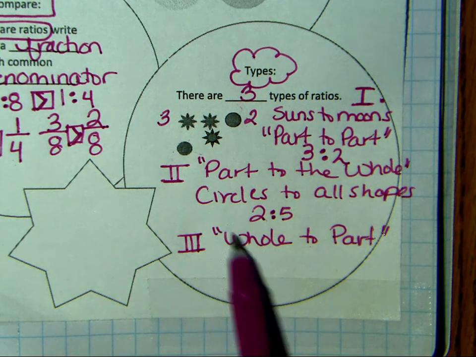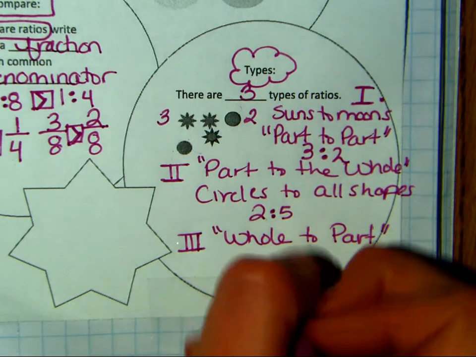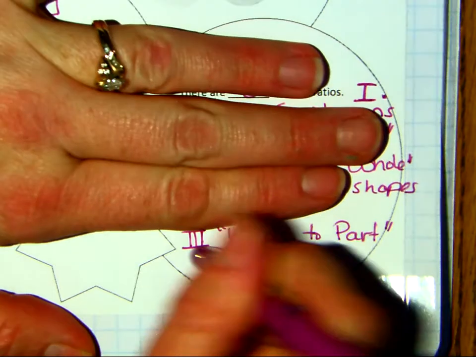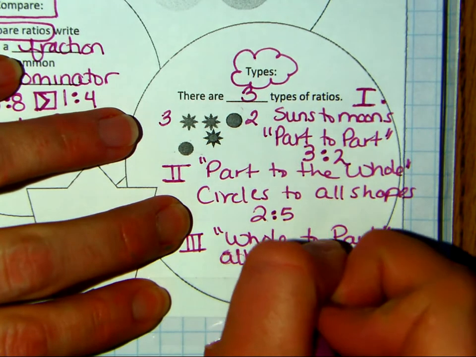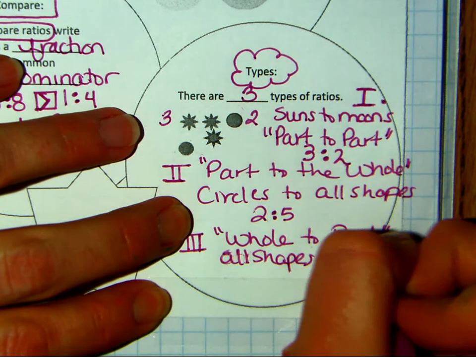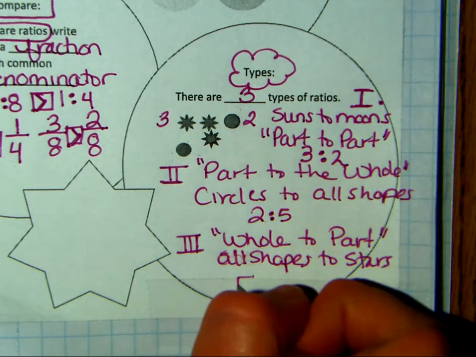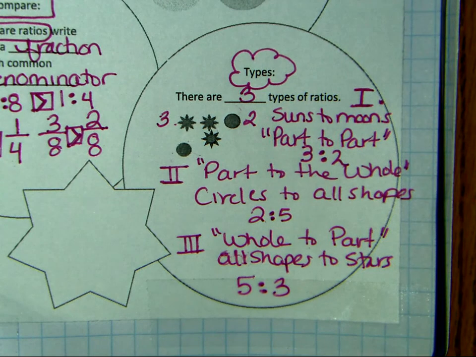So instead of saying that we have 2 circles to 5 shapes total, we would have all shapes to stars. So we could say we have 5 shapes total to 3 stars. So it's all just different ways to represent the data that we have and what we're comparing.